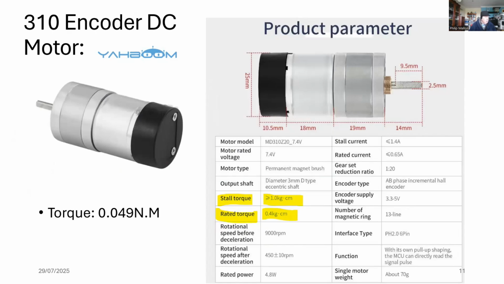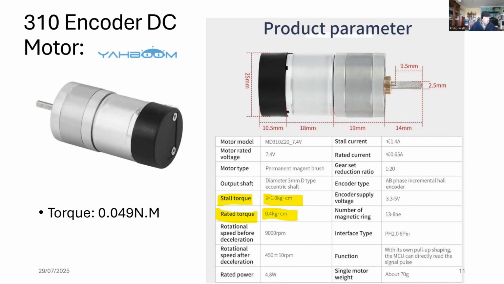A typical low power motor that comes from Zoom is the 310 encoder DC motor. You get these in low cost robot kits, and normally you don't select the robot motor. It's already selected for you.